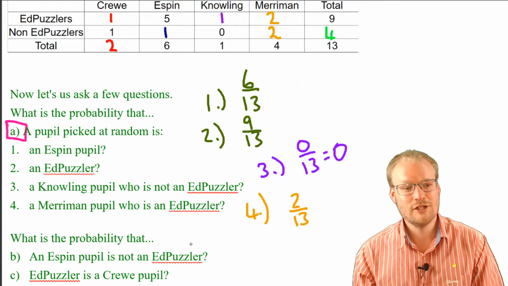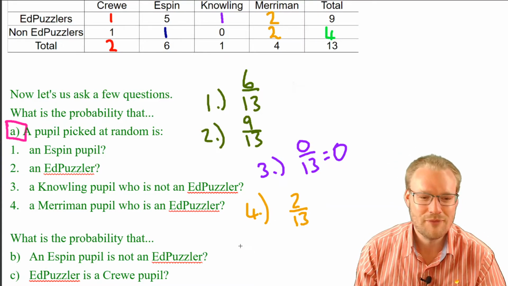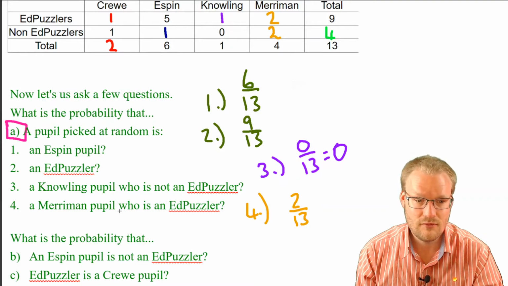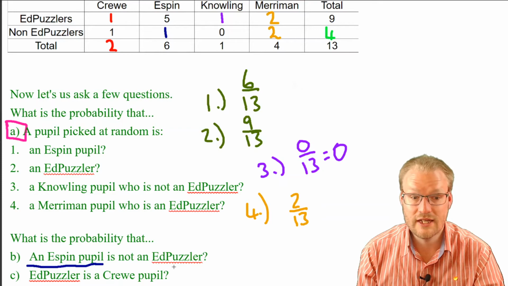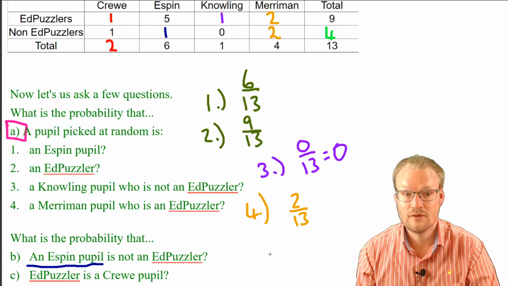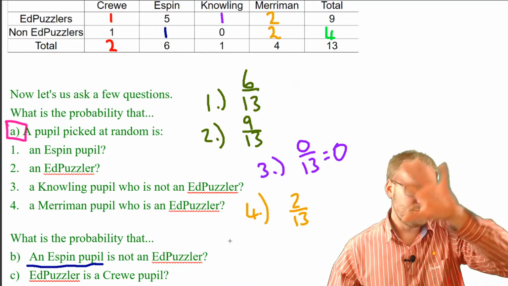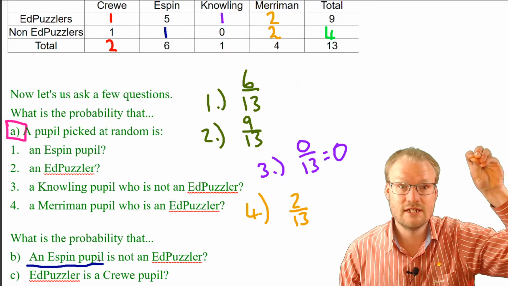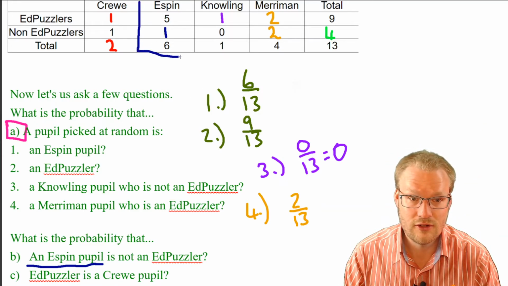Okay. So what's the probability? Let's go blue for Espen. Now notice, different question. This isn't a pupil picked at random. What's the probability that an Espen pupil is not an Ed puzzler? This one's a bit tricky in that we're not picking randomly. It's given that we're dealing with Espen pupils, so we're just looking down this column.